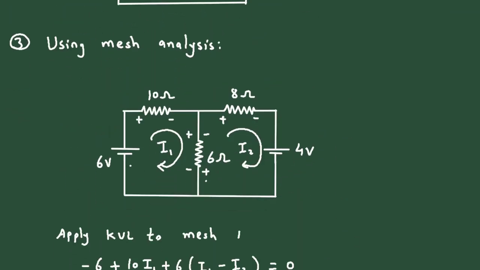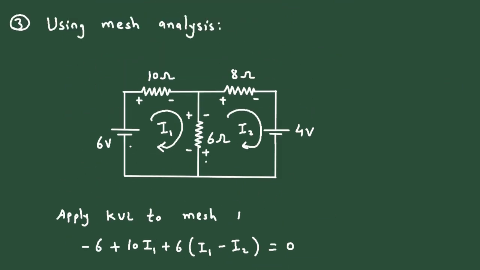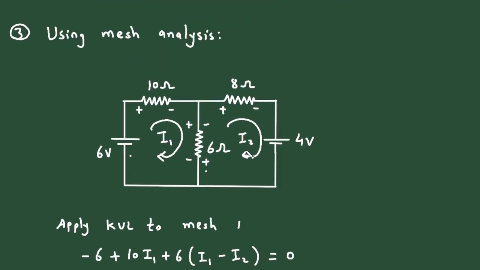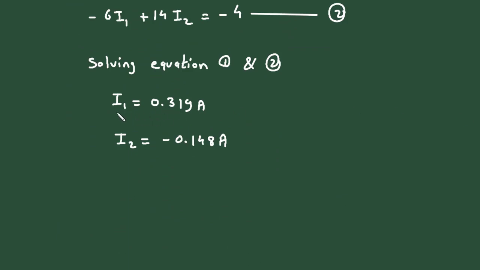But we have to find the voltage across this 6 ohm. First of all, we need to find the current through this 6 ohm. So this I1 is moving clockwise and this I2 is also moving clockwise. Now which one is greater? Here we can see both are in opposite direction in this branch, and I1 is greater than I2.